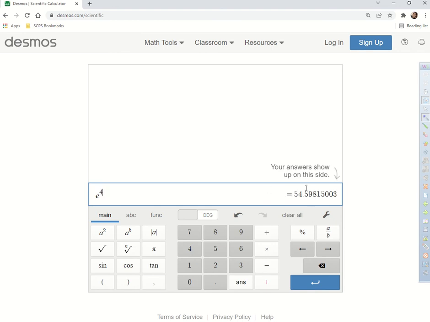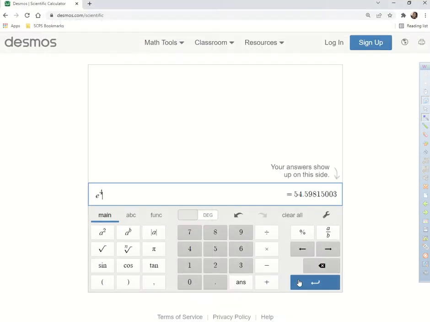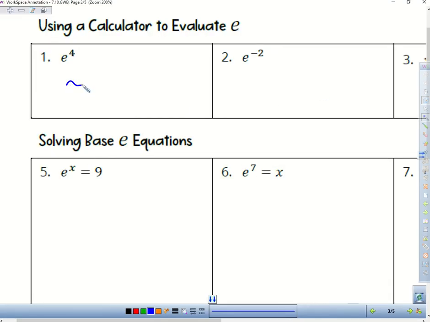And then you just round it based on what the question says. In our case, we're going to just do 1 decimal place. So I think that's going to be 54.6. Okay? So this is approximately equal to 54.6. And there's very few e's that we can have that are going to be exact numbers. Usually it's going to be rounded.